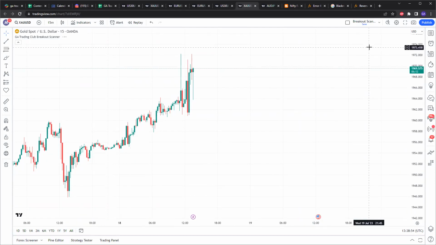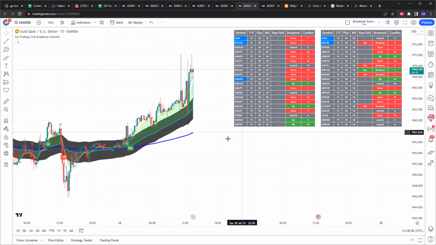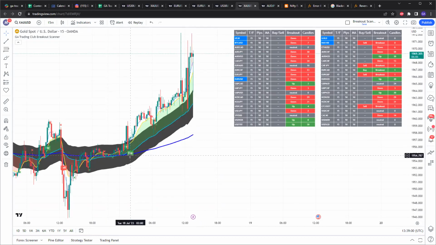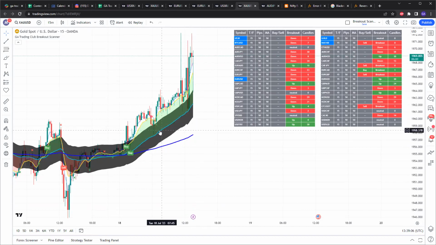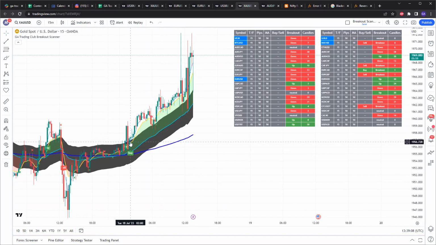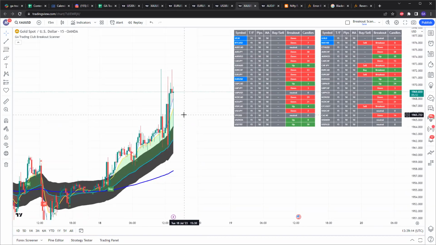Let's see if it is there right now, then I would enter it. But you can see right now, the breakout scanner is telling me I gave you a buy entry 10 hours ago. So right now the breakout scanner is really not helping me with anything for gold.